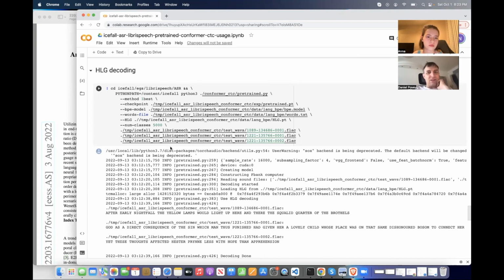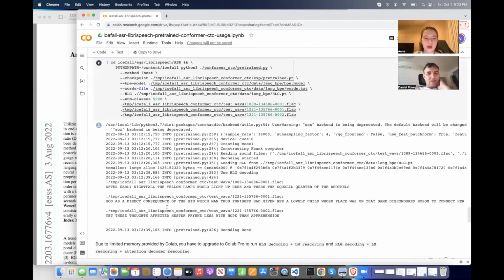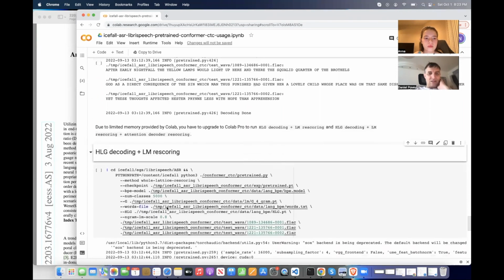This decoding method won't be able to decode out of vocabulary words. You can see from the output that it's only decoding real words. There are no words that don't make sense in there, although there wouldn't necessarily be anyway. Okay, so that's that. Let's go down to the next one.